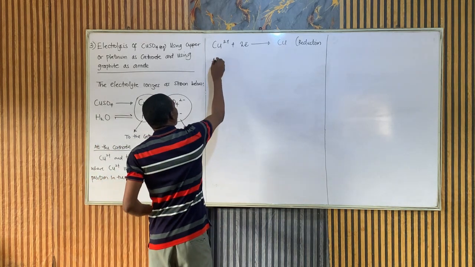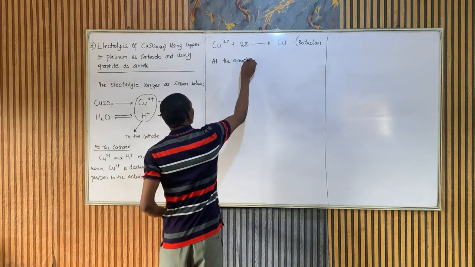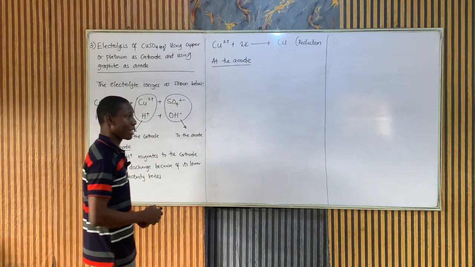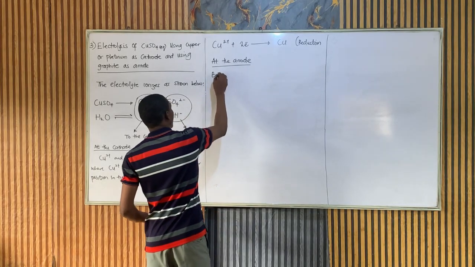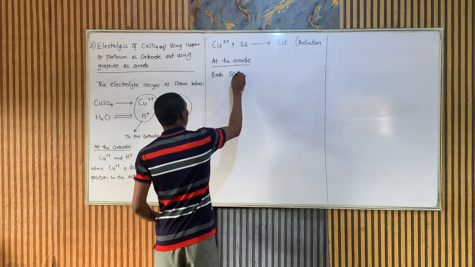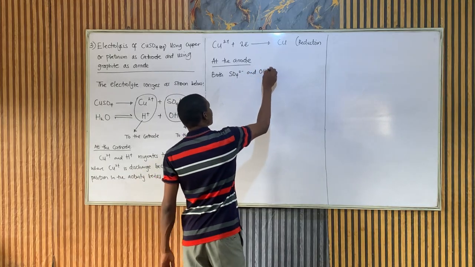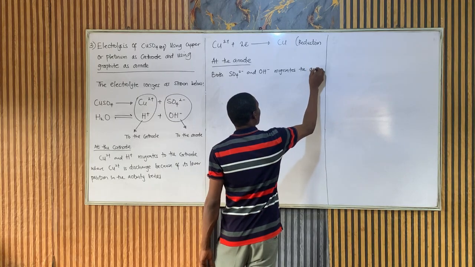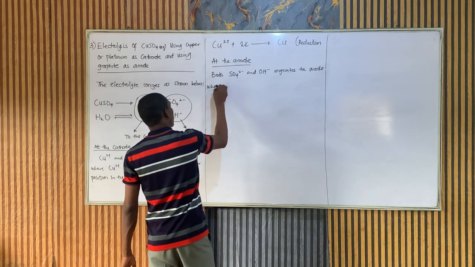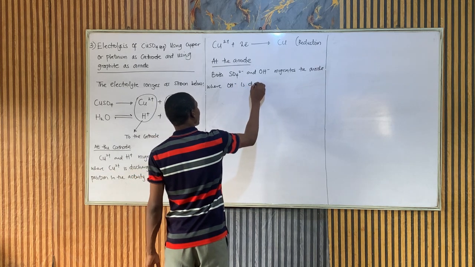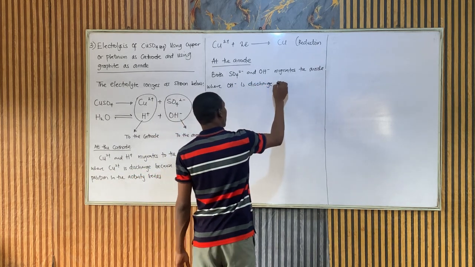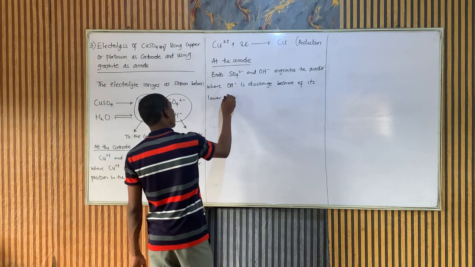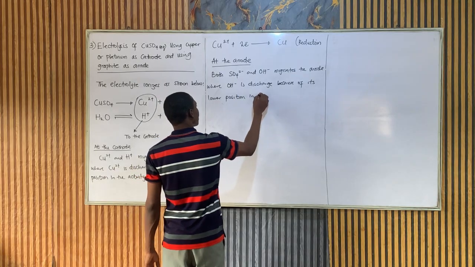And then, now at the anode, again, very clear, obviously, OH should be discharged because it's lower in the activity series. So both SO4 2- and OH migrate to the anode, where OH is discharged because of its lower position in the series.